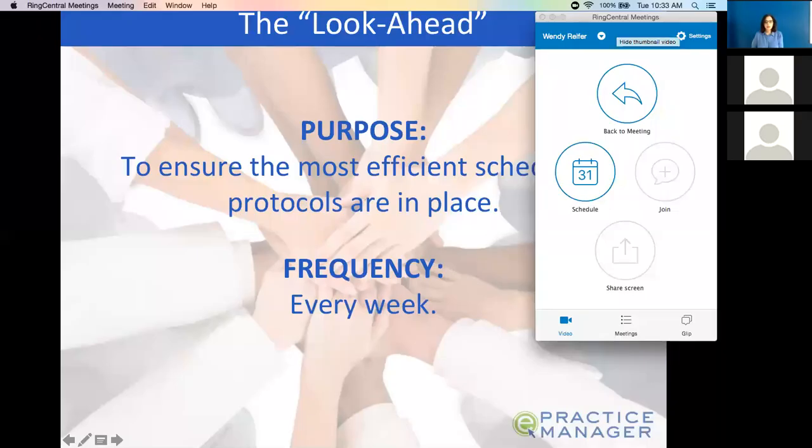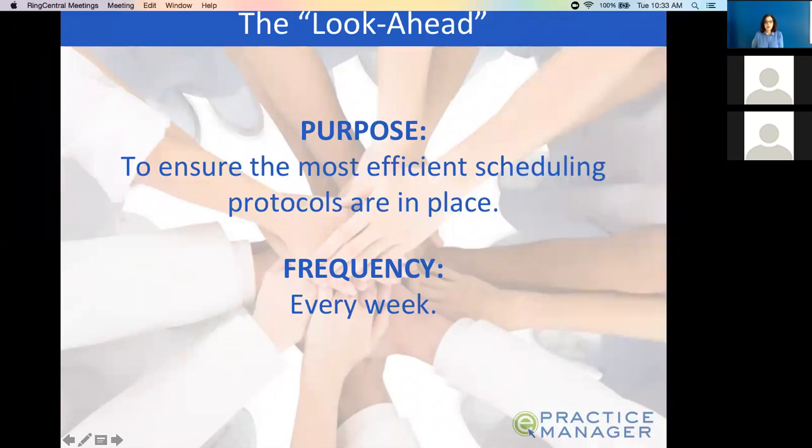Let's just see. Yeah, you're not sharing your screen. Oh, there we go. How's that? That's great. Looking better? Yes. All right. Sorry about that.